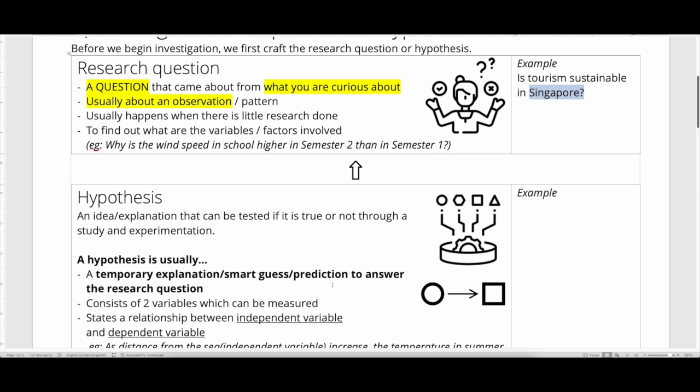Or the question about is tourism sustainable in Singapore? Maybe the hypothesis can be Singapore's tourism is not sustainable, or Singapore's tourism is sustainable, but I must explain. So why is that the case? Maybe my hypothesis is Singapore's tourism is not sustainable as it is not environmentally friendly. So I need to go and find out, scope down even further, that is on the environment, our practices.